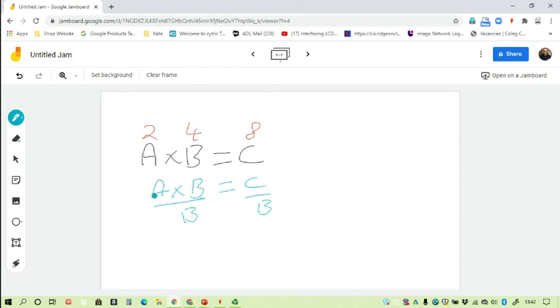So if we had a look at this, 2 times 4 is 8, divided by 4 is back to 2. So B divided by B is just 1. So A times 1 is just A.